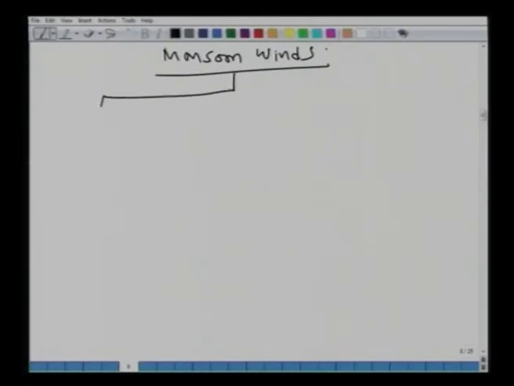So, these monsoon winds have two branches, okay. You may have studied this earlier, right. One is called the Arabian Sea branch, okay, and the other is called the Bay of Bengal branch, coming from Bengal.